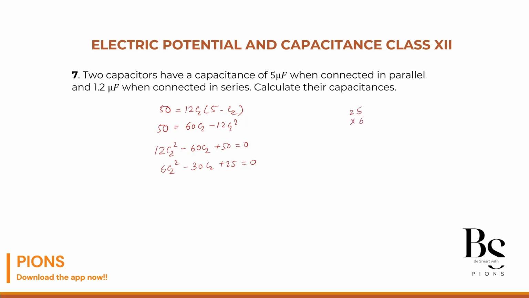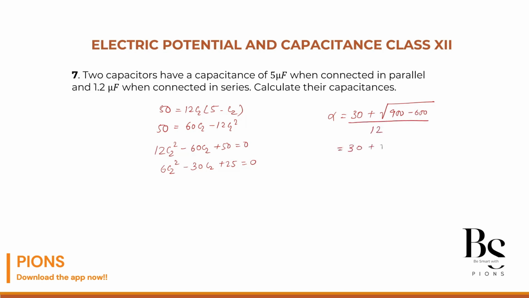So let me just try middle term directly. If we can find 6 times 25 is 150, we got. So the solutions can be found, or we can use alpha beta. That will be much faster in this case because numbers are huge, right? So alpha will be equals to minus b, which is 30, plus root under b square, which is 900, minus 4ac, 4 into 6 into 25 is 600, whole divided by twice of a, which is 12.